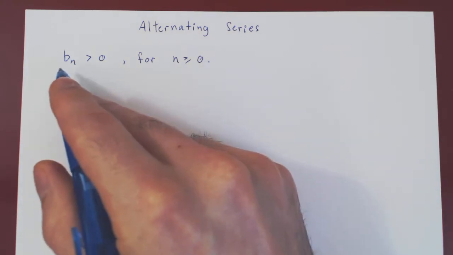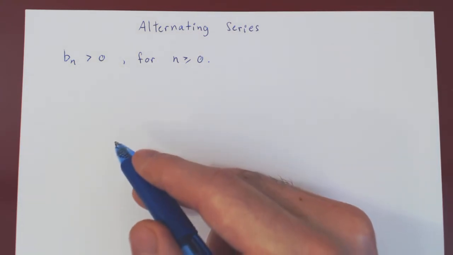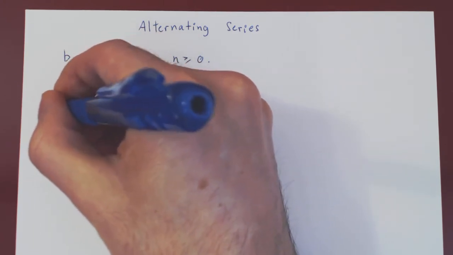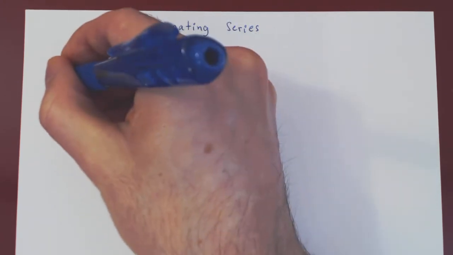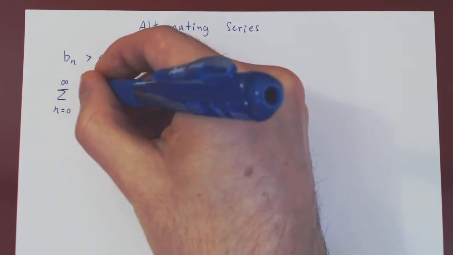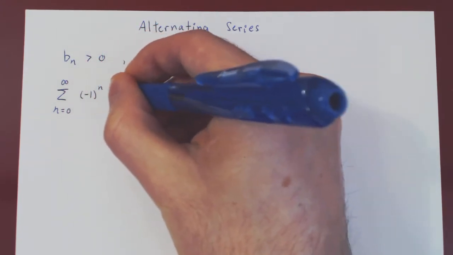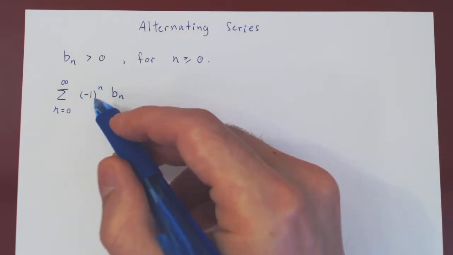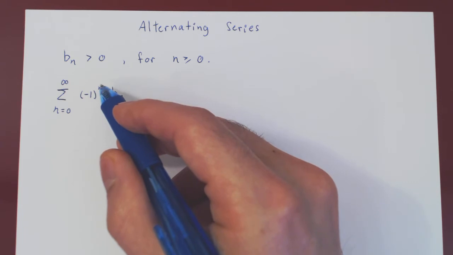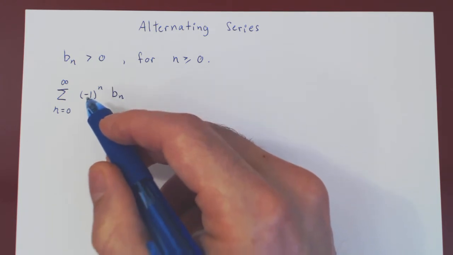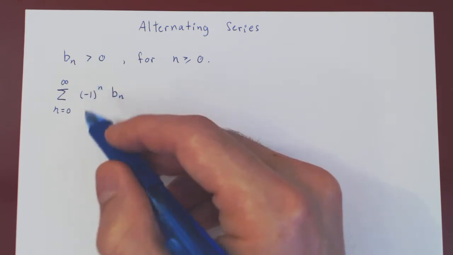Suppose we have a positive sequence, then we can construct the corresponding alternating series, the sum from 0 to infinity of negative 1 to the n times b_n. This term will create the alternation, right? Whenever n is even, negative 1 to an even power is 1. Whenever n is odd, negative 1 to an odd power is negative 1.